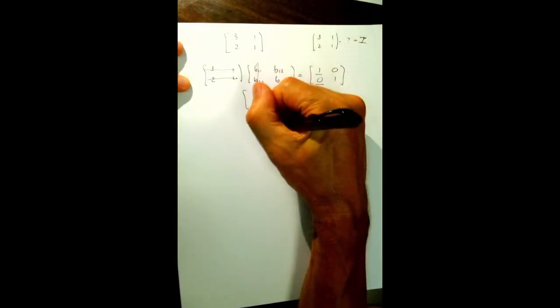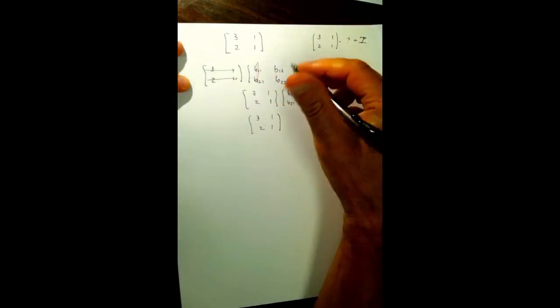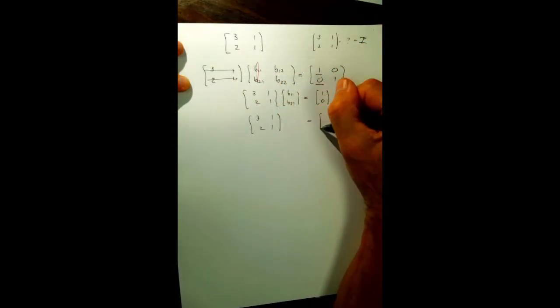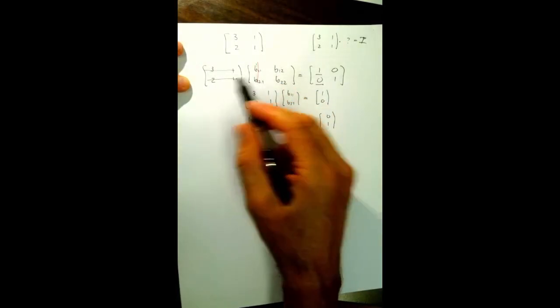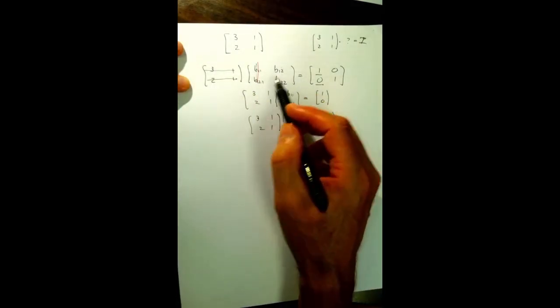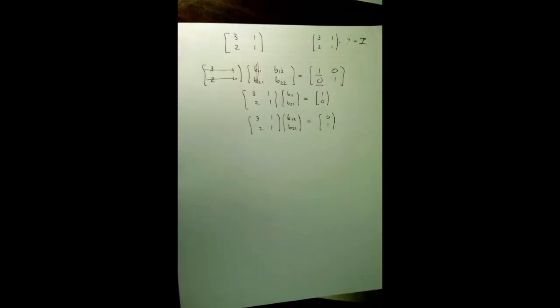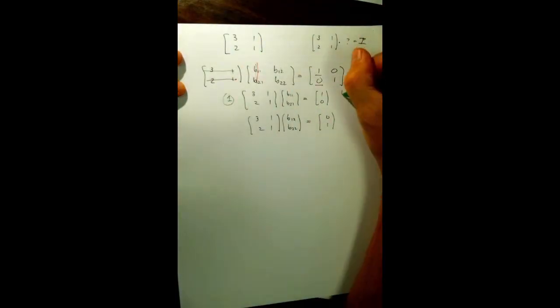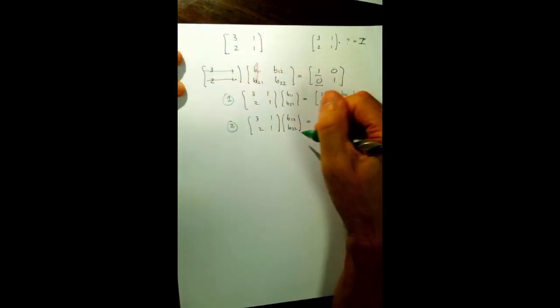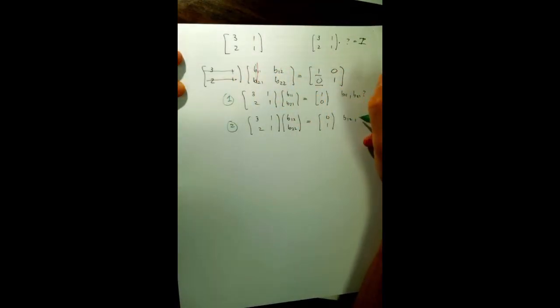If I take 3, 1, 2, 1 to get 0, 1, I'm multiplying by B12, B22. All right, so 3 times this plus 1 times this has to be 0. 2 times this plus 1 times this has to be 1. I'm really solving two different systems of equations. I want to solve that system of equations to get B11 and B21. Then I want to solve this system of equations for B12 and B22.